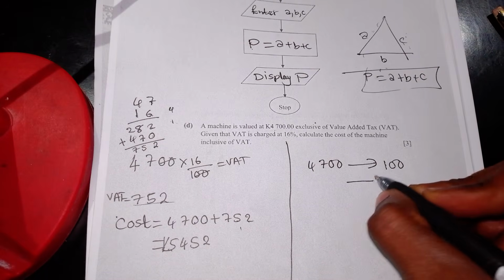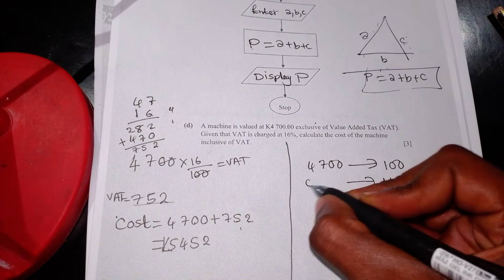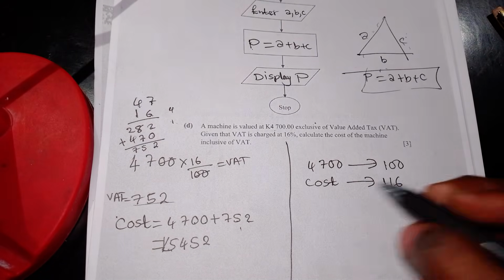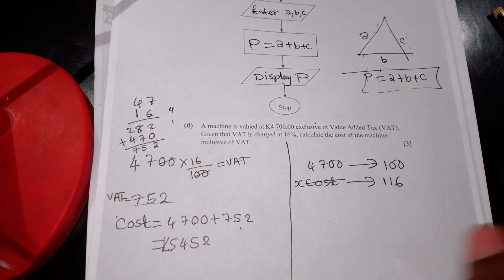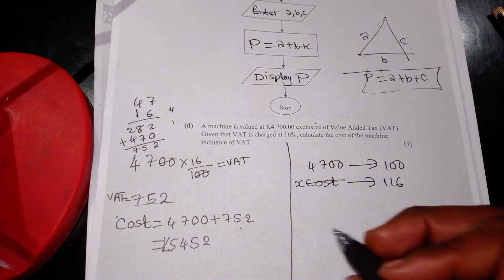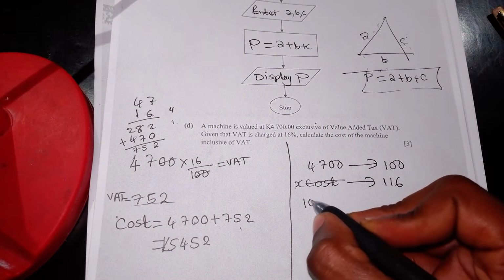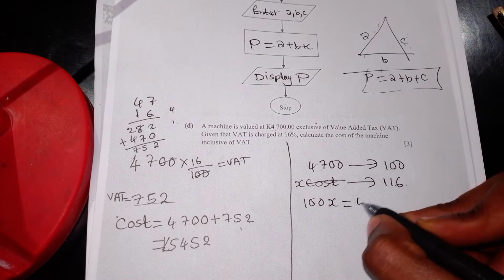And then after a 16% was added, you have the new cost, which you can just call x. And then now let's solve for x. So we can say this multiplied by this and this multiplied by that. So I have 100x, and then this multiplied by that.